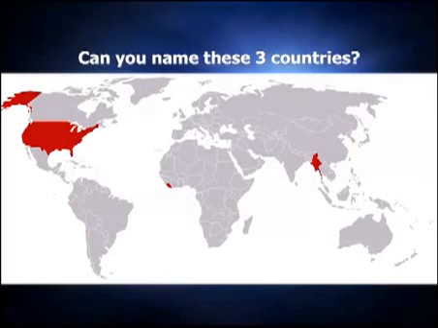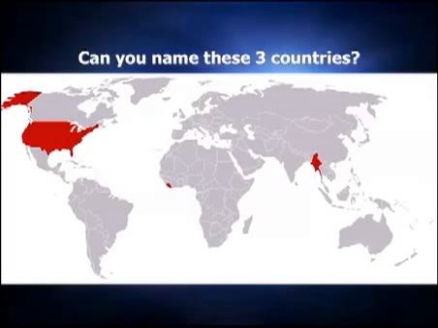There are actually only 3 countries whose official system of measurement is not the metric system. Those 3 countries are in red. Can anybody name this one? United States. Yes. Now the other 2 are a lot tougher. Southeast Asia.